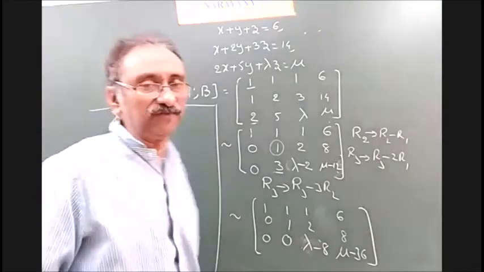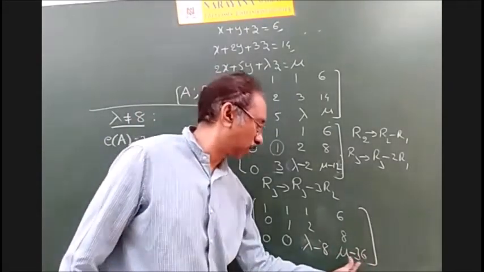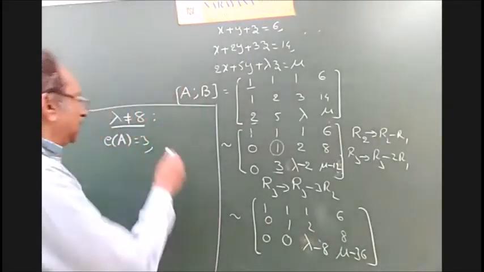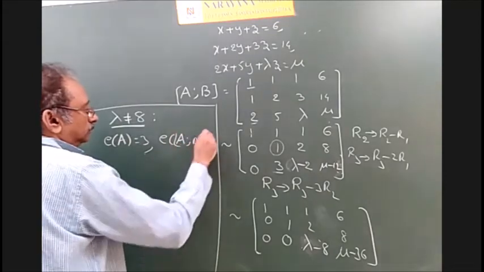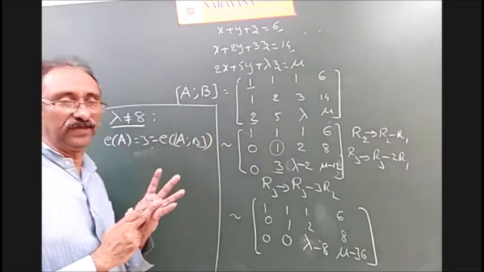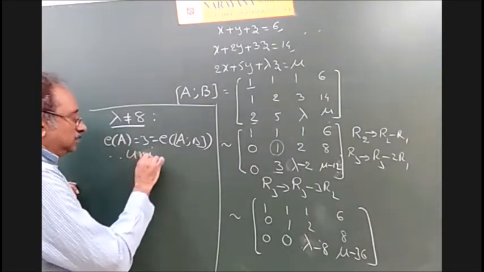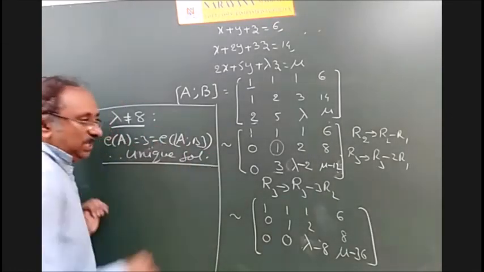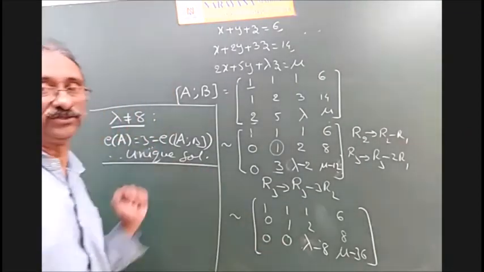And what about rank of AB? Again 3, because it is already non-zero. Whether it is 0 or non-zero, we don't bother. So the number of non-zero rows is again 3. So rank of AB is also 3. And number of variables is already 3. So rank of A is equal to rank of AB is equal to number of variables. Therefore, system has unique solution. So that is one case. So, if lambda not equal to 8, we will have unique solution.